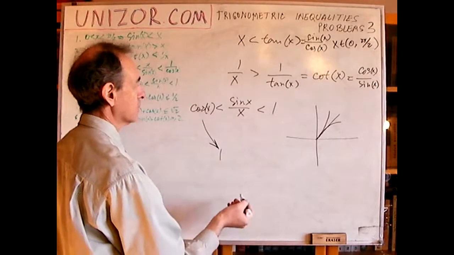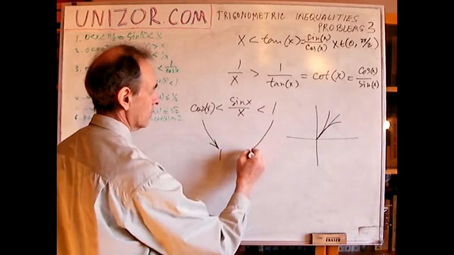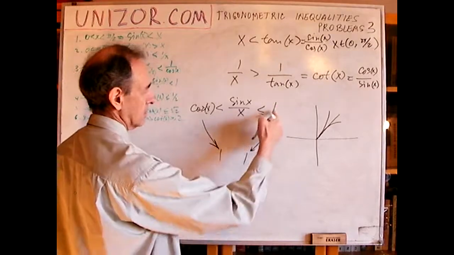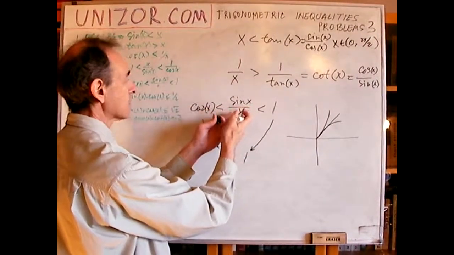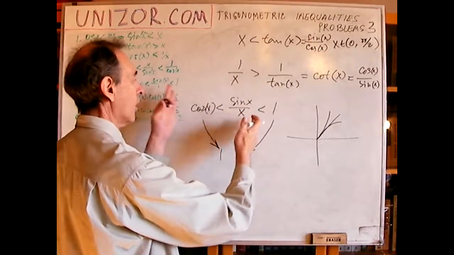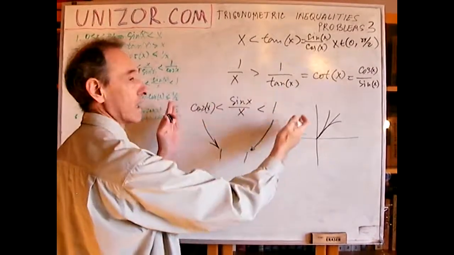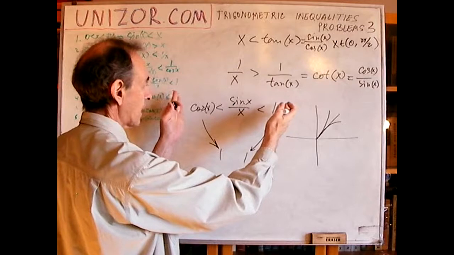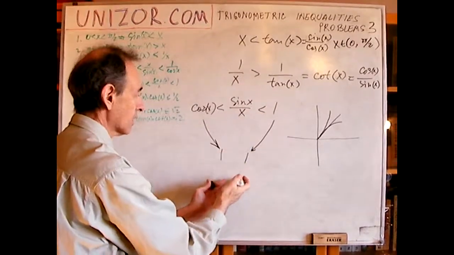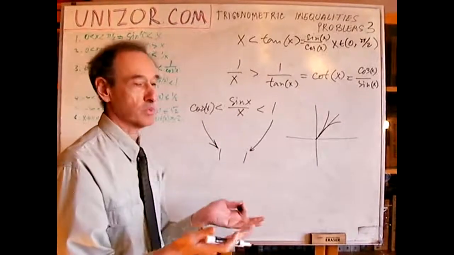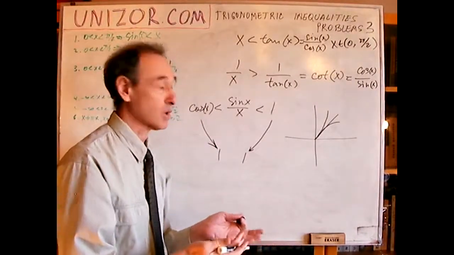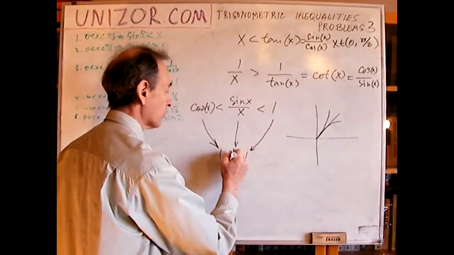So it goes to 1 basically. Now this one also is not changing, that's 1. So sine of x divided by x on both sides, smaller and greater, have boundaries which are gradually going to 1. Now what does it mean? What's the behavior of sine of x over x? It's also supposed to go to 1.